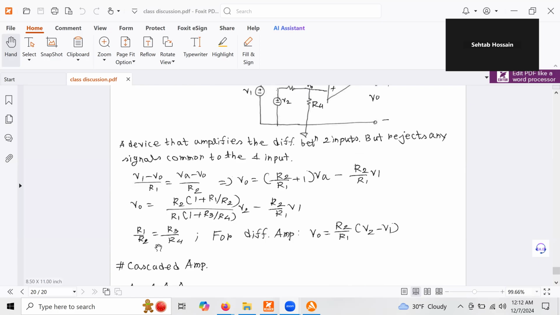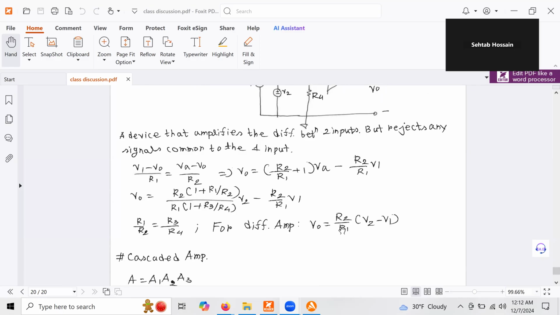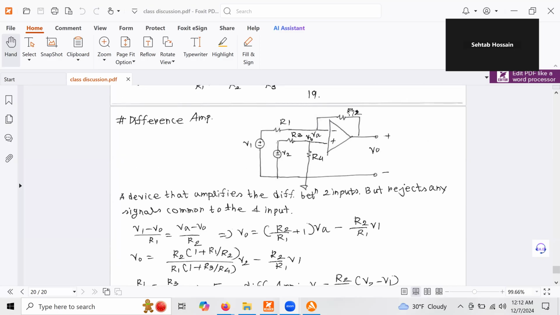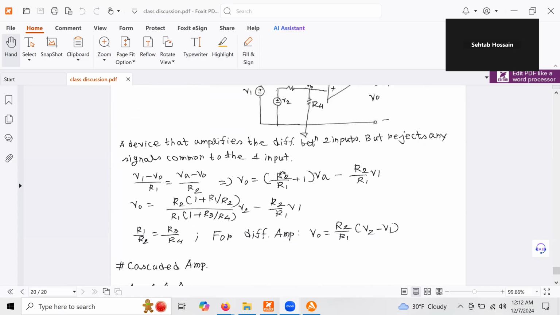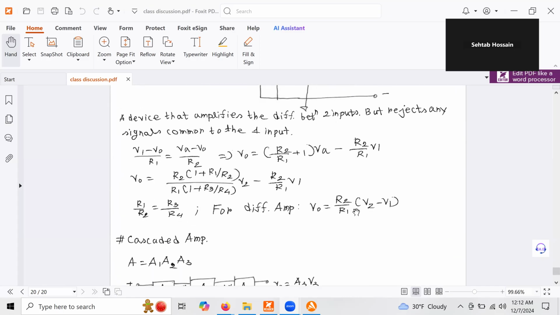With the ratio R1 over R2, the differential amplifier V0 will be R2 over R1. This is my R2, which is the feedback resistance, and this is my R1. And we get this differential amplifier V0.